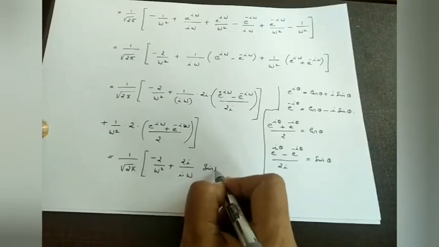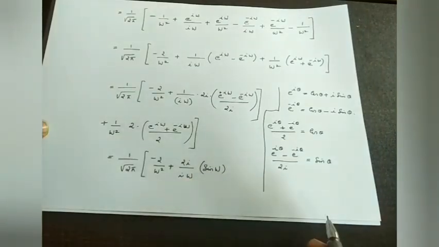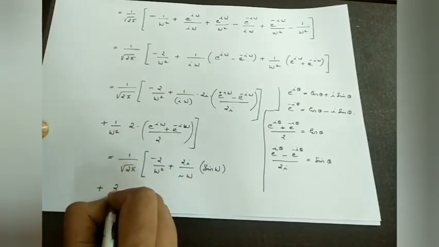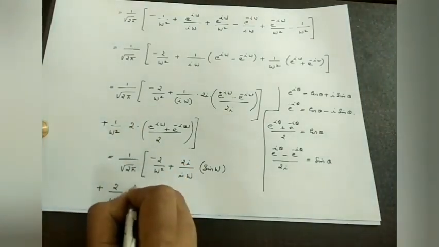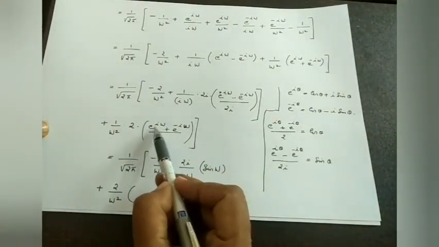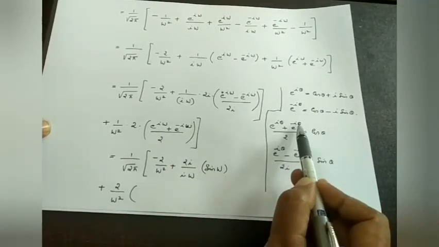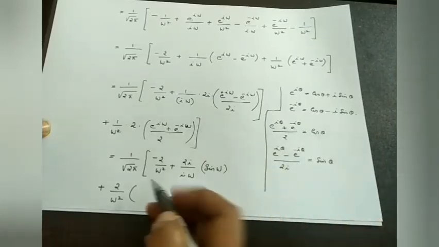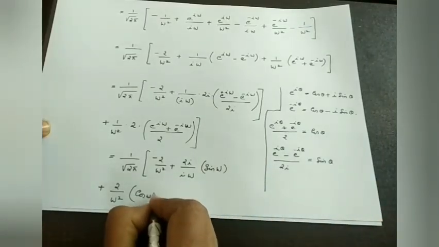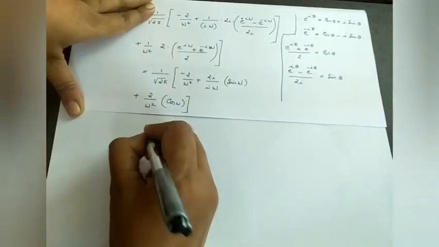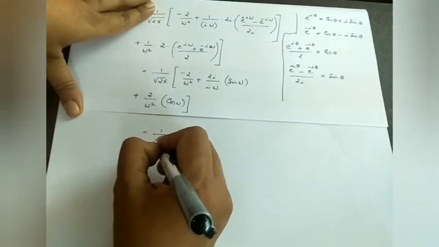So I am writing here sin ω plus 2 by ω² into (e^{iω} plus e^{-iω}) by 2, which can be written as cos ω.